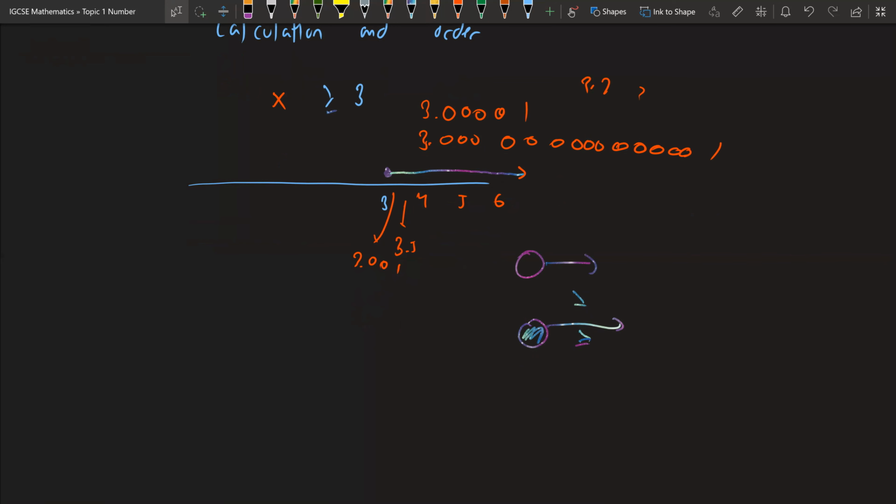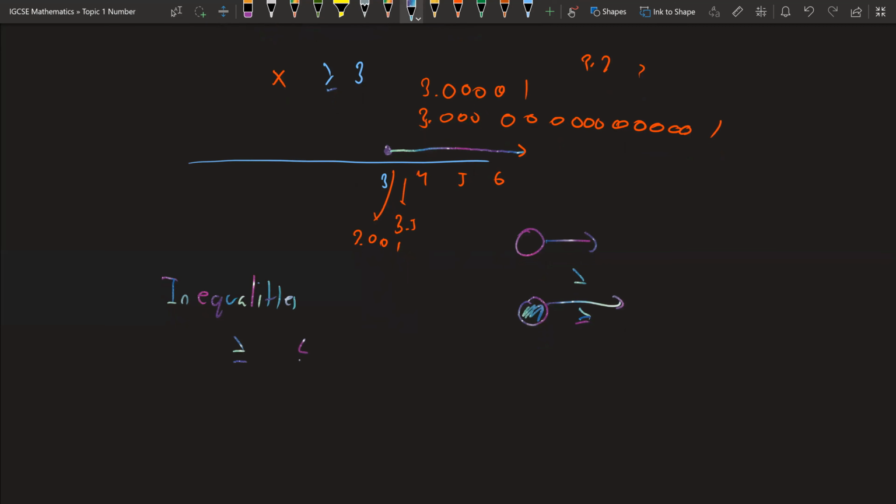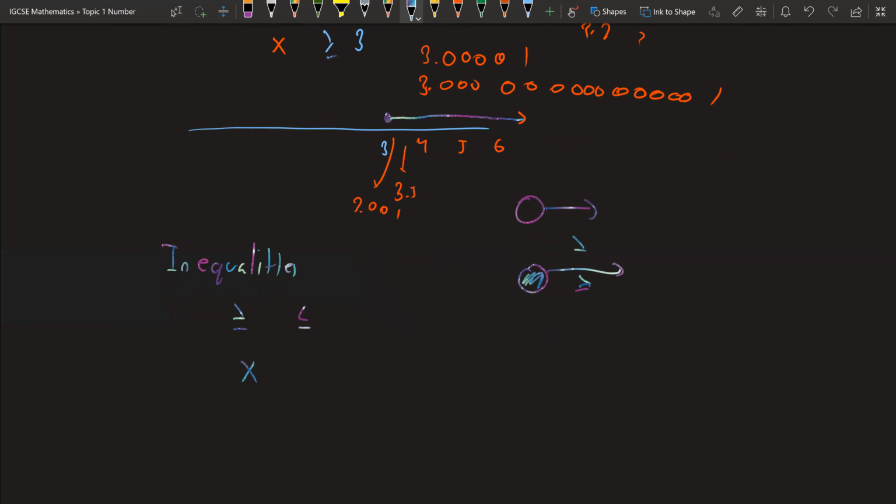Let's say I want to represent certain inequalities. Inequalities means not equal, like the notation more than, less than, equal to. So let's say I have a value of x more than or equal to -2, then draw a number line.